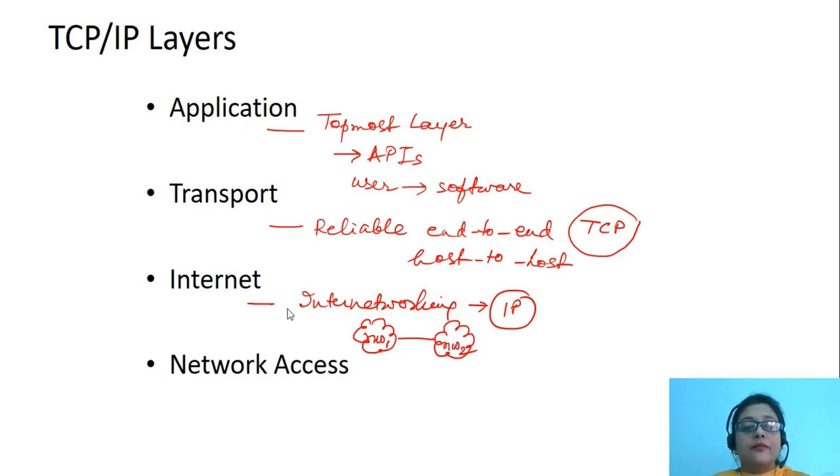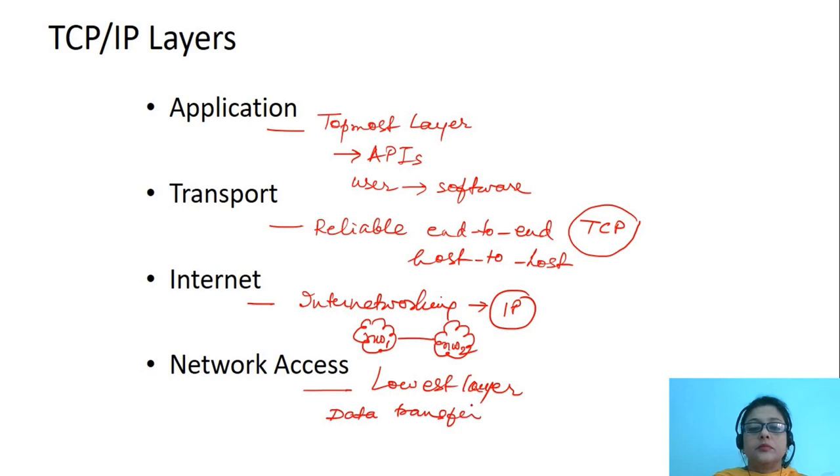After that, we have the network access layer. This is the lowest layer. And this layer is responsible for physical data transfer through the transmission medium.